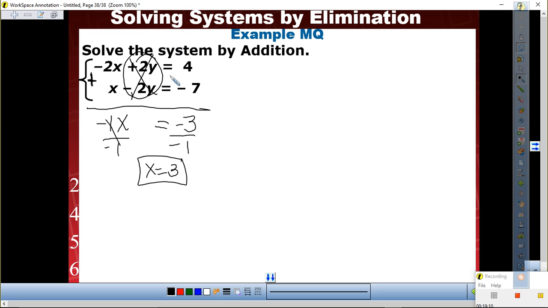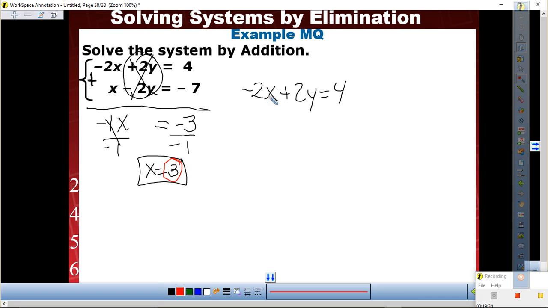Does it matter which one I use? No? Who did it with the first one? How about the second one? Okay, I'm going to do it with the first one. Negative 2x plus 2y equals 4. So, what is x? 3.